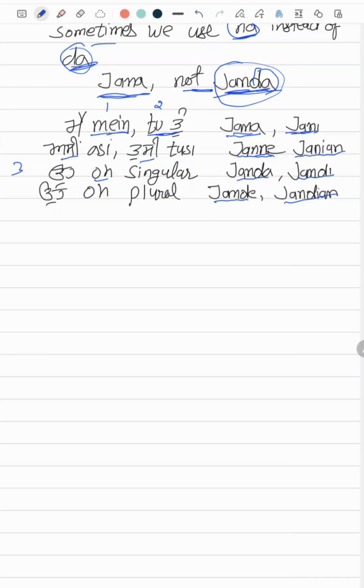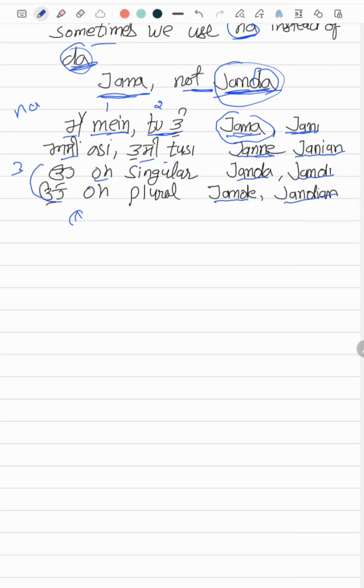Now you notice when we use janda and not janna. If you are using main, tum, or tusi, then you won't use the da sound, you use the na sound. Otherwise you use the da sound.